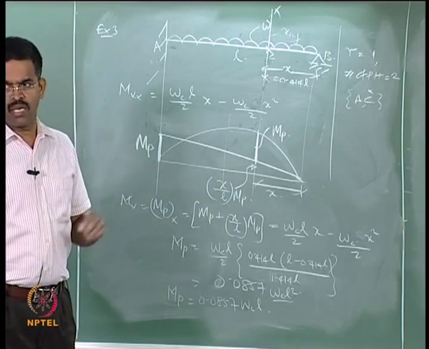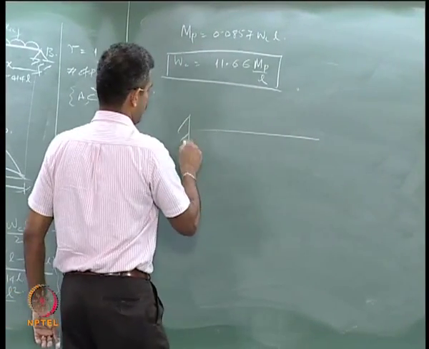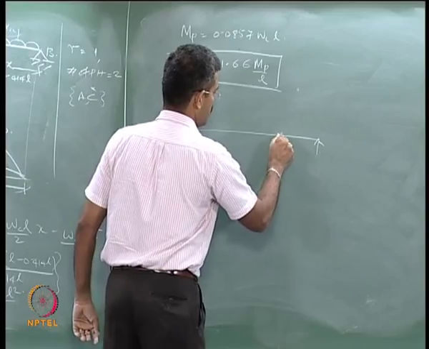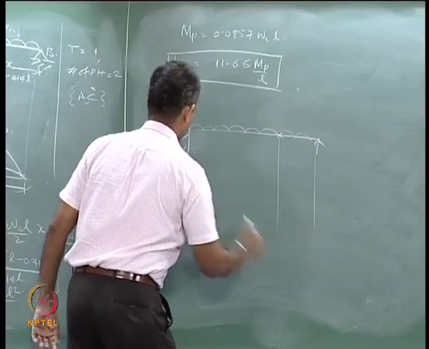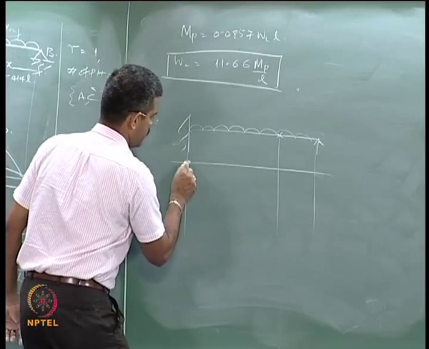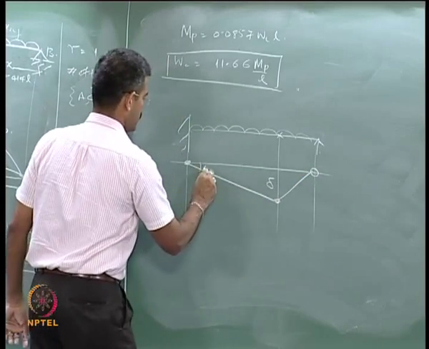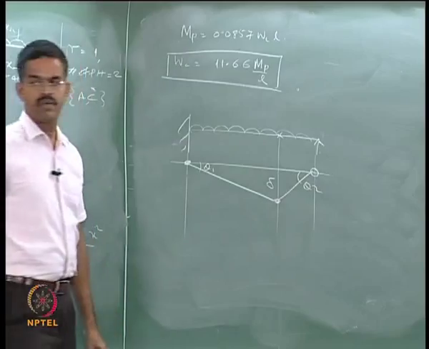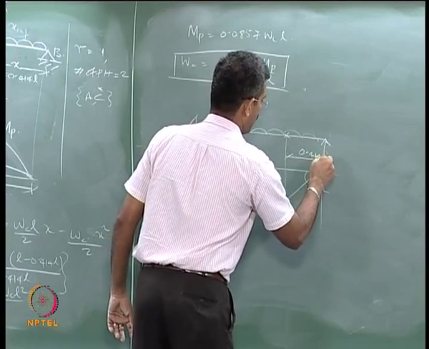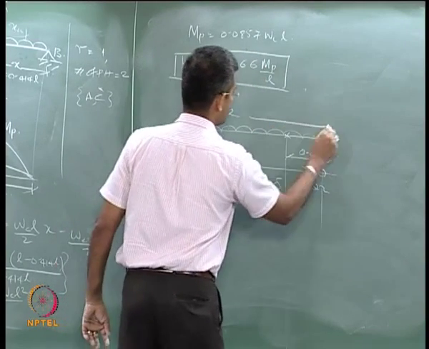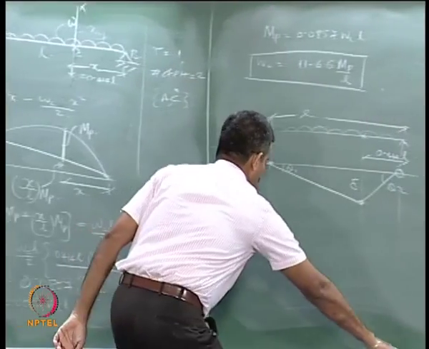Now, I can use the kinematic theorem to find out MP. How? See here. This delta, this theta 1, this is theta 2, and this distance I already know, which is 0.414 L if this is L. So, what is the external virtual work?